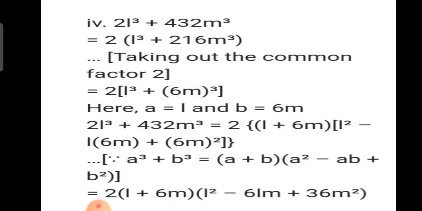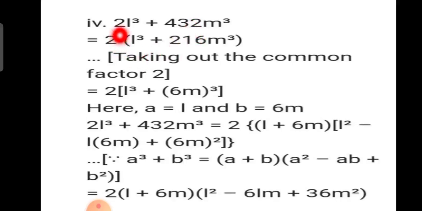Then the fourth example. Now the fourth example is 2l cube plus 432m cube. So here 2 is the common factor, so l cube plus 216m cube. Here l cube is a perfect cube of l. But 2 is not a perfect cube, neither is 432 a perfect cube. So we have to divide these numbers by such a number that after dividing they become perfect cubes.